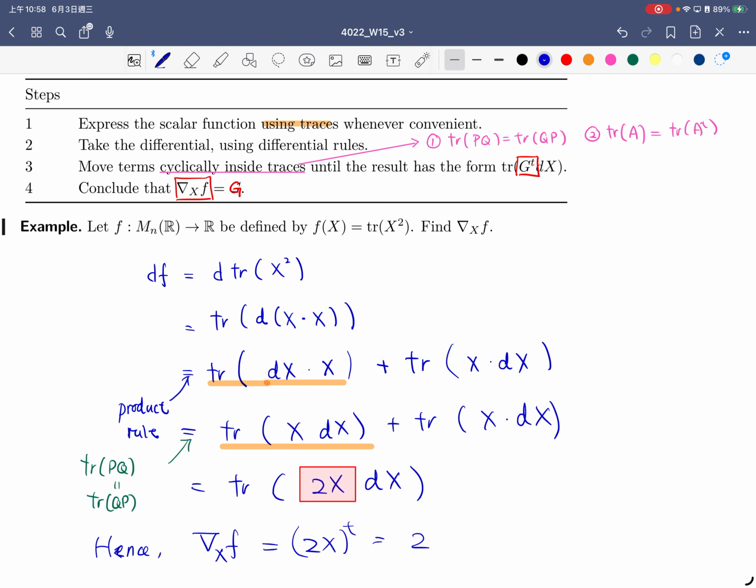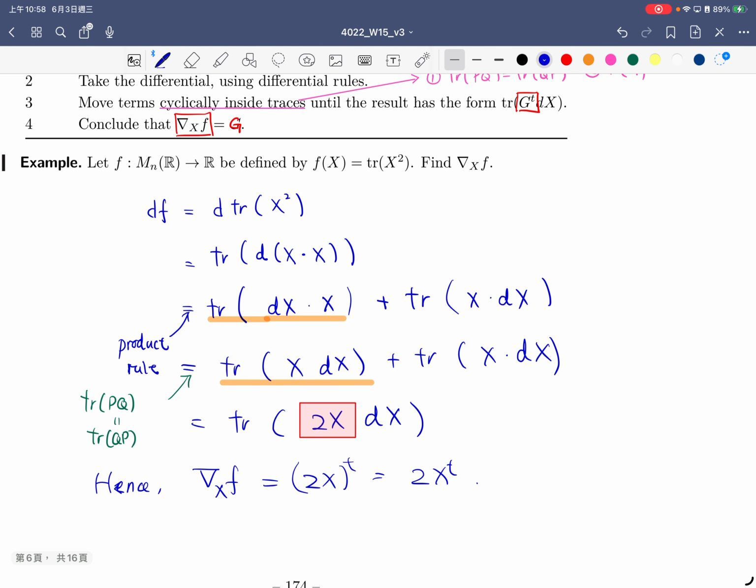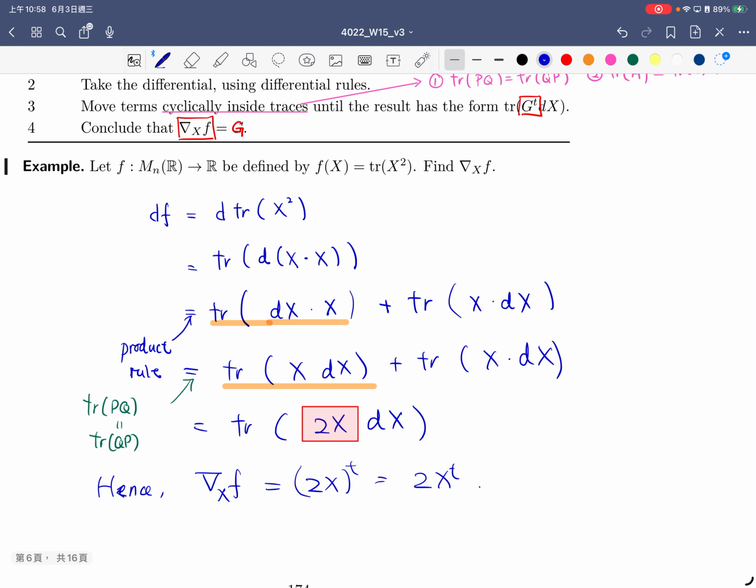So 2 times x transpose. Okay, so this is our first example.